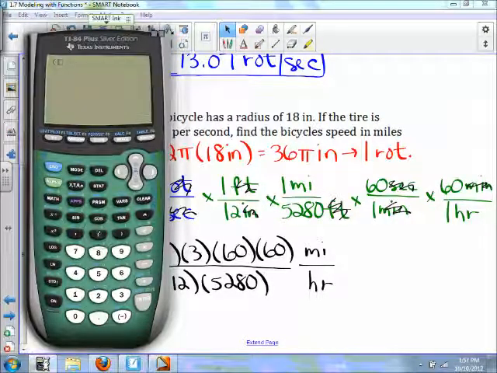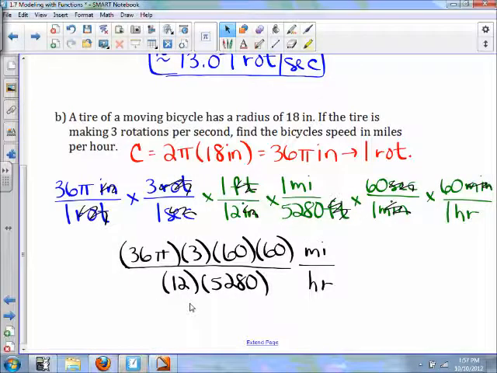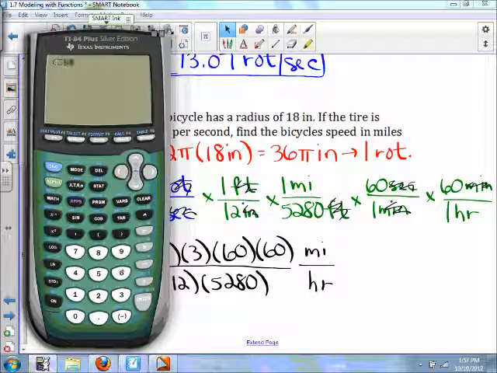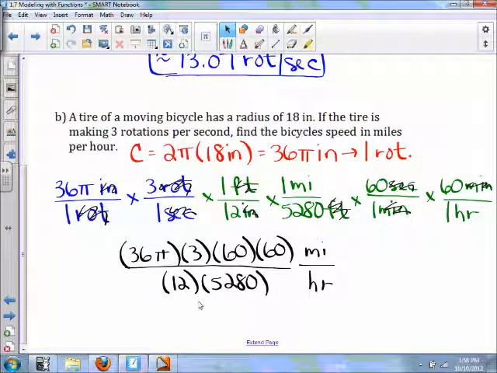So in your calculator, we'll have 36 pi times 3 times 60 times 60 divided by parenthesis 12 times 5,280, and that'll give us about 19.28 miles per hour.